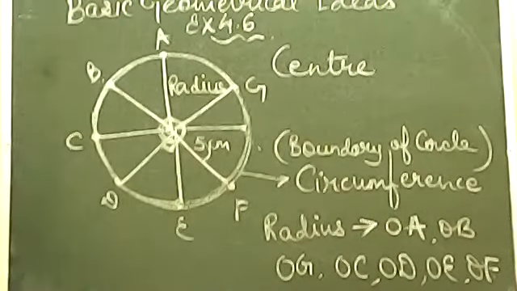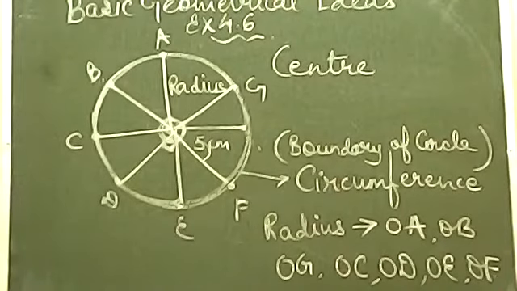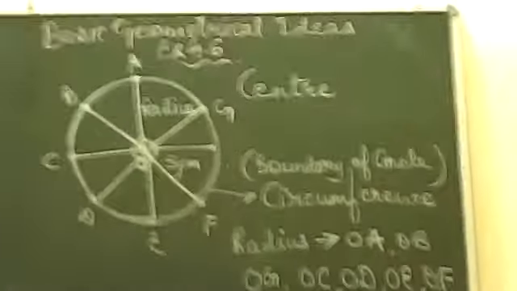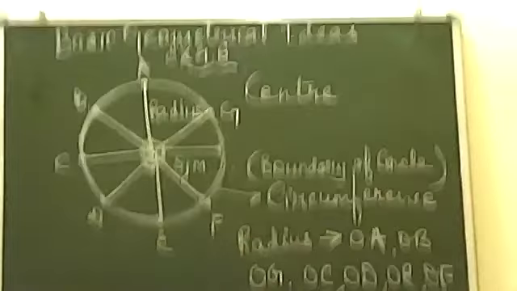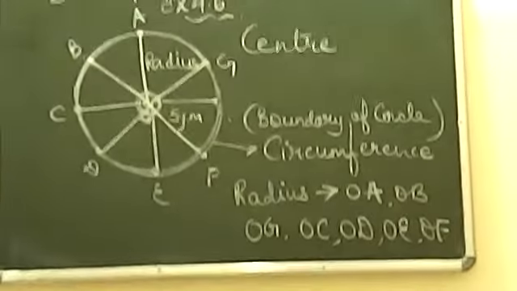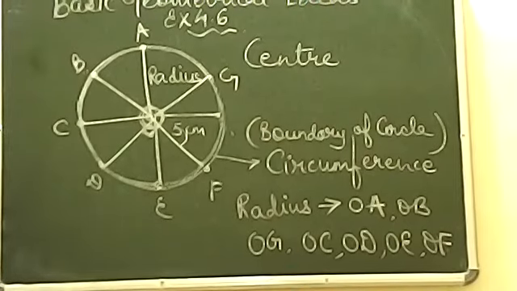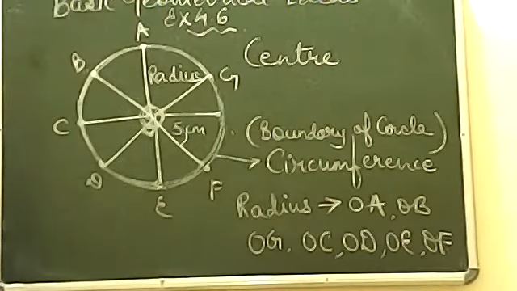These are all radius of a circle which we have drawn. And remember, all the radius are always of the same length. सबकी सब सेम होती है. अगर एक 3 सेंटीमीटर की है बेटा तो सारी की सारी 3 सेंटीमीटर की ही होंगी. और अगर एक 5 की है तो all will become 5. अगर एक 7 की है तो all will become 7.